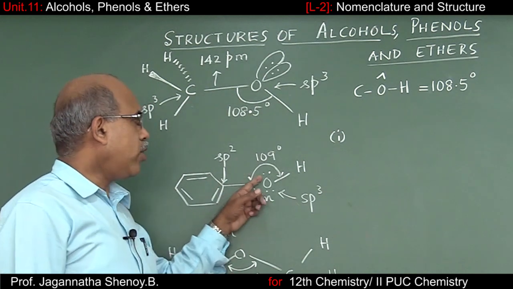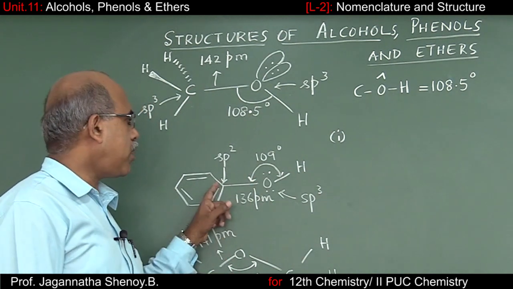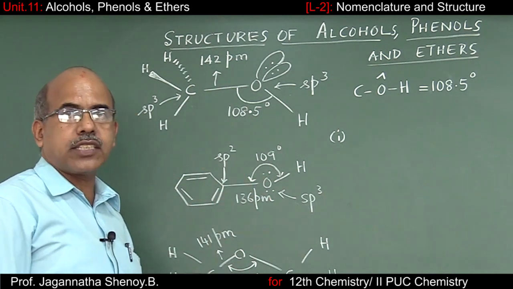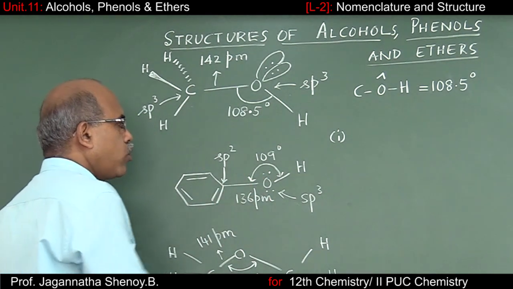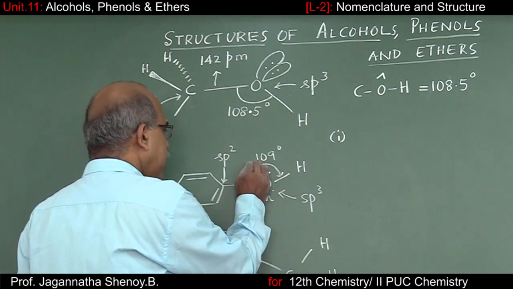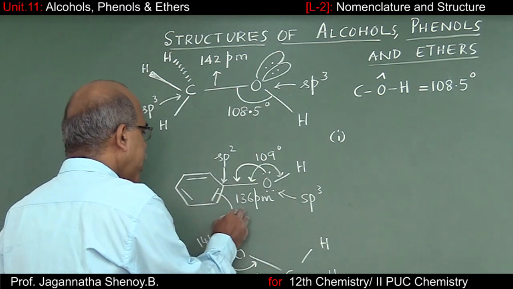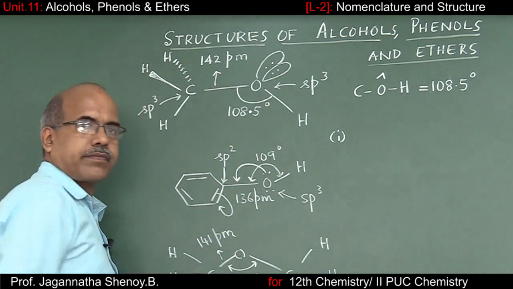I think you have already studied about the concept of resonance. I can go on writing the resonating structures. What way I can go on writing? Here you have a lone pair of electron. I can shift the lone pair of electrons here. This bond can get shifted.